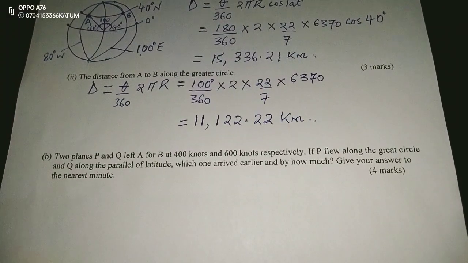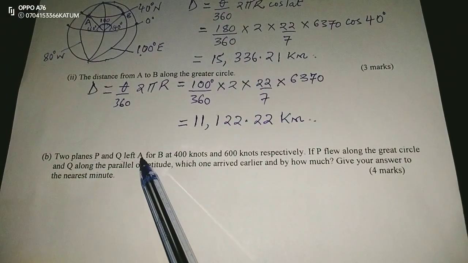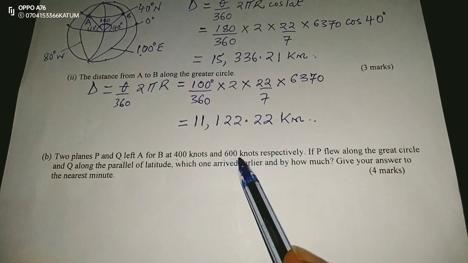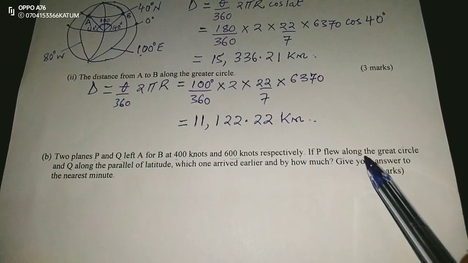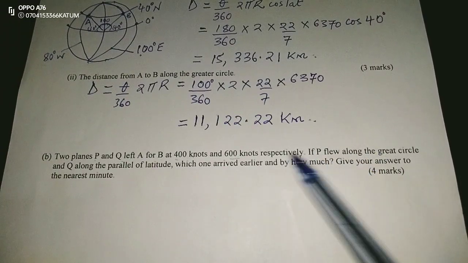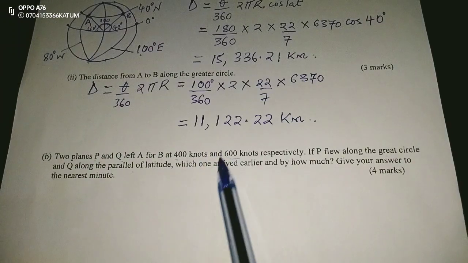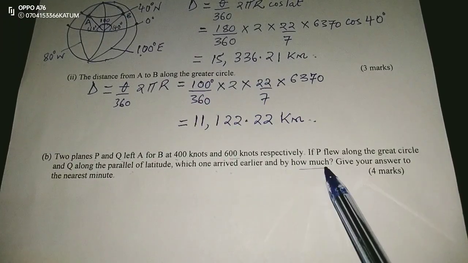We continue. Two planes, P and Q, left A for B at 400 knots and 600 knots respectively. If P flew along the great circle and Q along the parallel of latitude, which one arrived earlier and by how much?